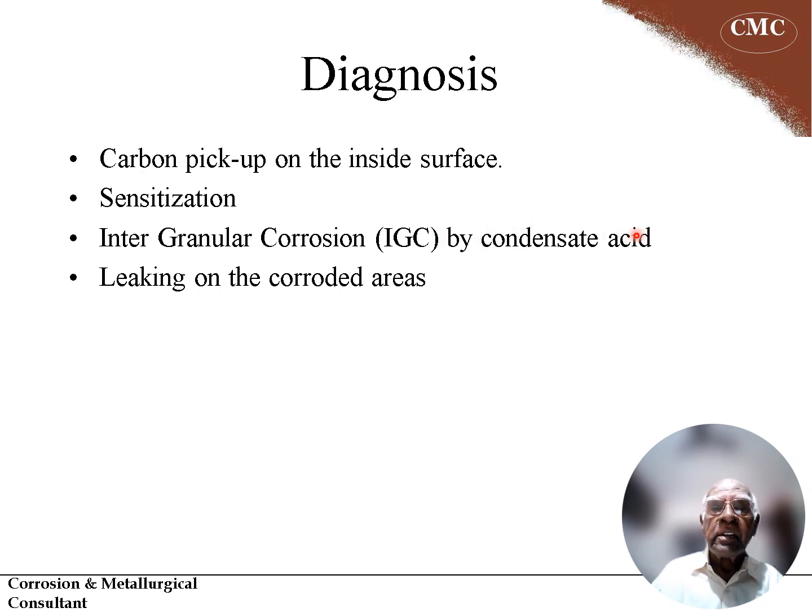It is not a vapor; the vapor has already condensed to liquid form. So the condensed acid is corrosive, not the vapor. That is why the corrosion has occurred only at a particular location where the temperature has already come down. When the input from the reactor is at high temperature, corrosion does not take place at that location. When the temperature comes down and the material is defective, intergranular corrosion takes place, and that leads to leaking at the corroded areas.